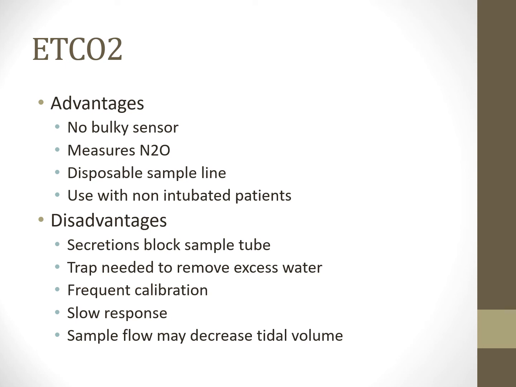So the big advantage is there's no bulky sensor that goes in line with their airway. We can measure things in the airway like nitric and all that stuff. We have a disposable sample line, so that's not as much of an infection risk as there is with inline. So we can use it with non-intubated patients, which is most common out there.